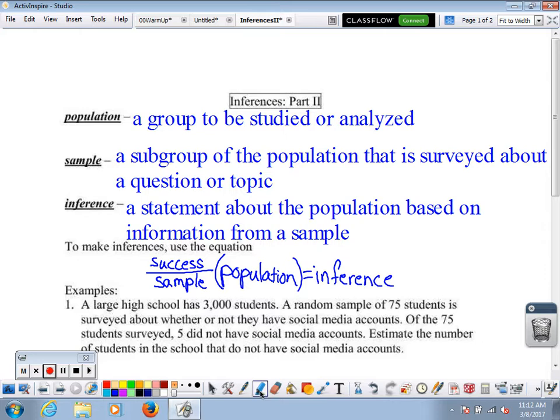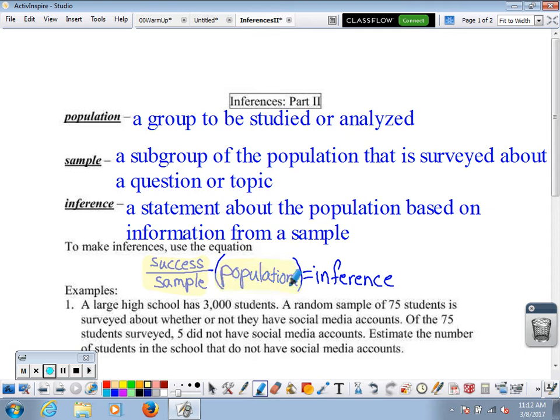Now, this is a whole lot like what we talked about a couple times ago when we were looking at frequency. What we did was we took the probability that an event would occur. Well, guys, that's pretty much what this is. The number of successes divided by the number in the sample. Your number of successful outcomes divided by your possible outcomes. Same kind of idea. And then what we did was we took that probability and multiplied it by the number of times we do the experiment.